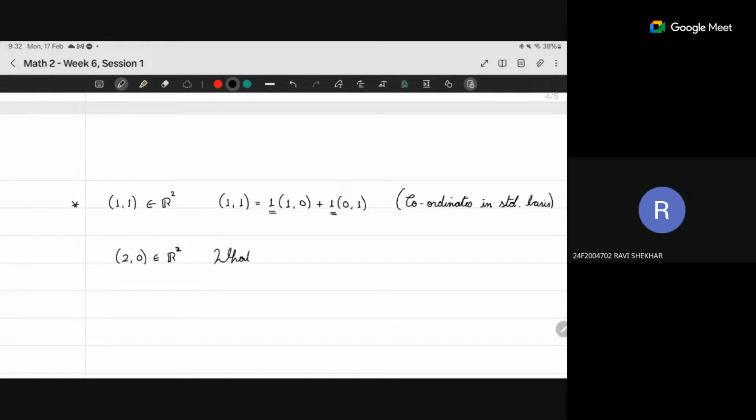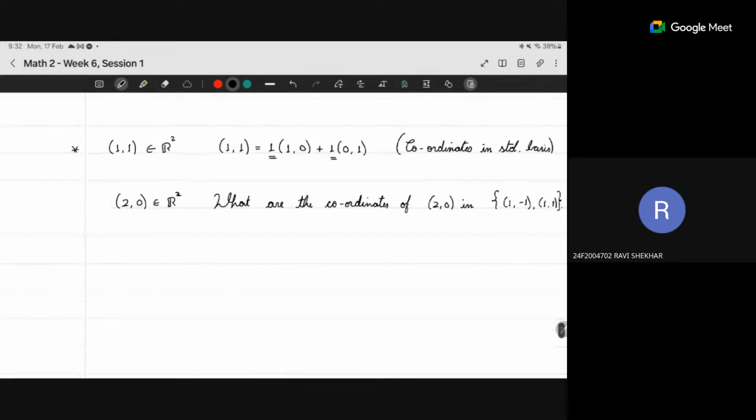What are the coordinates of (2, 0) in the basis (1, -1), (1, 1)? How do I express (2, 0) in the basis (1, 1), (1, -1)? Well, you need an ordered basis actually, with respect to this order. In this case, the order doesn't matter. But how do I write (2, 0)?